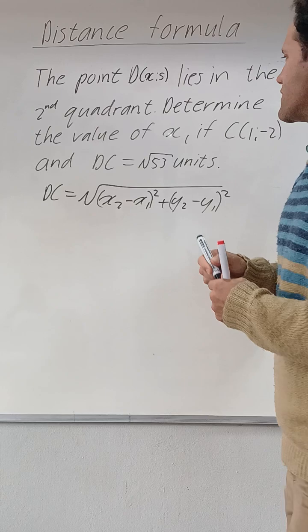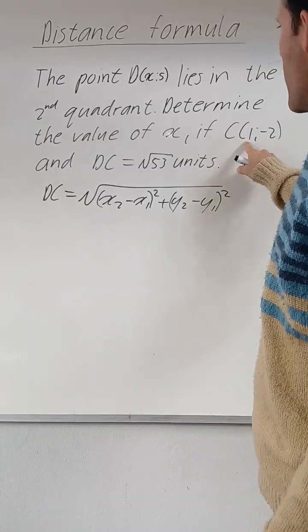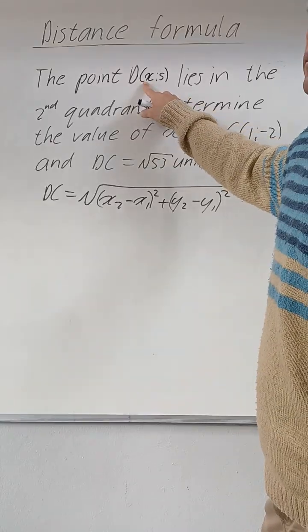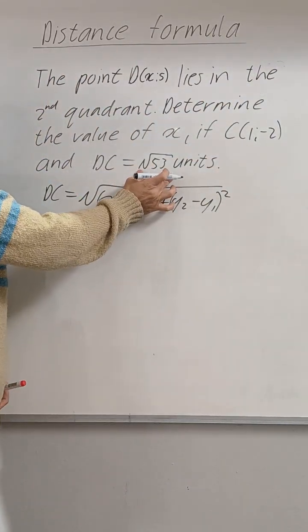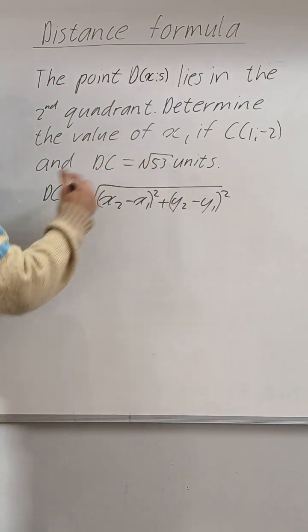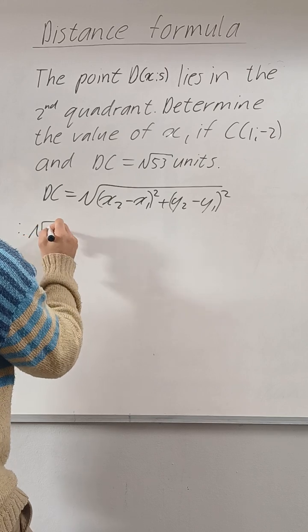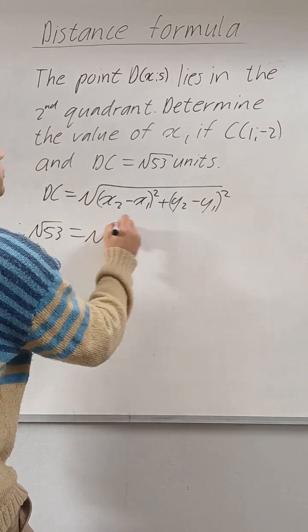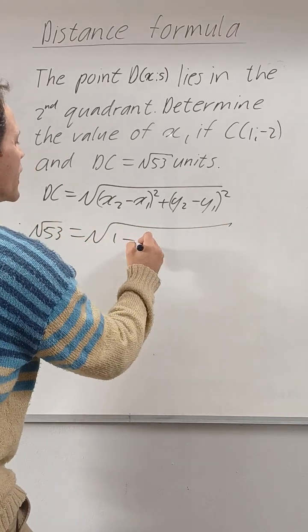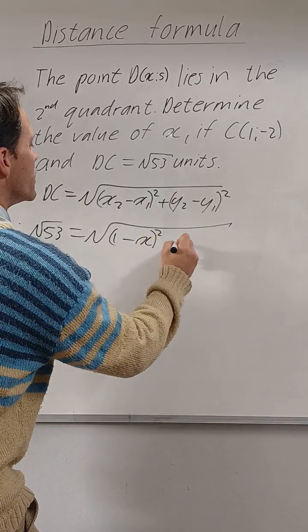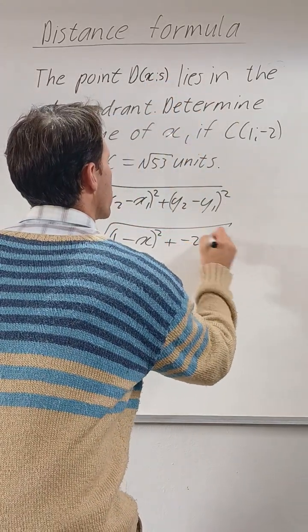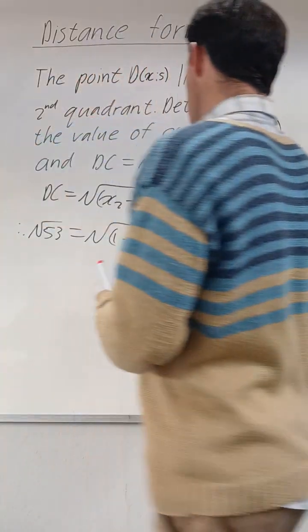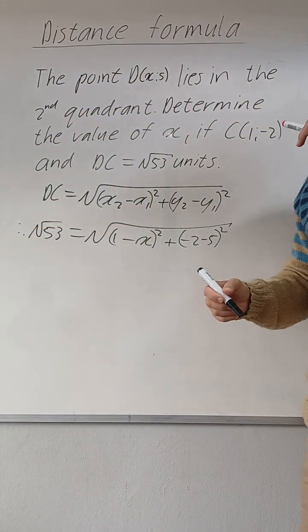So let's see now. The x value there is 1. The x value there is x. And remember we know what DC is. It's the square root of 53. So we can put it in. We can say therefore the square root of 53 is equal to the square root of (1 minus x) squared plus (negative 2 minus 5) squared. Does that make sense what we did there?